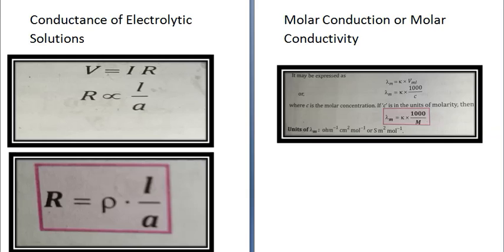Like metallic conductors, electrolytic solutions also obey Ohm's law, which says V is equal to IR, and R is directly proportional to l, the length, and inversely proportional to A, the cross-sectional area.